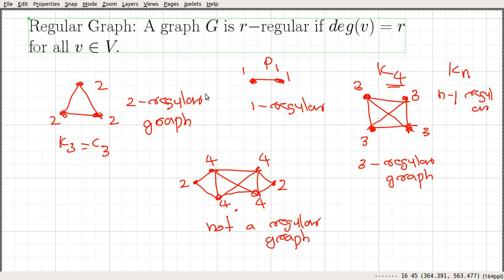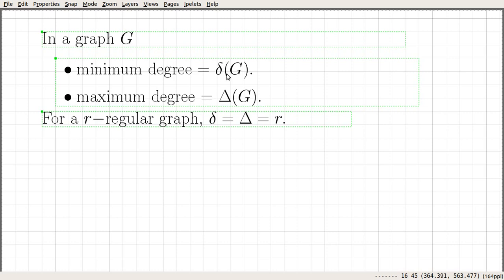So I think you understood what a regular graph means. In a graph, we usually denote the minimum degree by small Greek letter delta and the maximum degree by capital Greek letter delta.